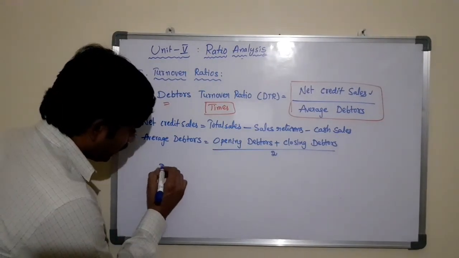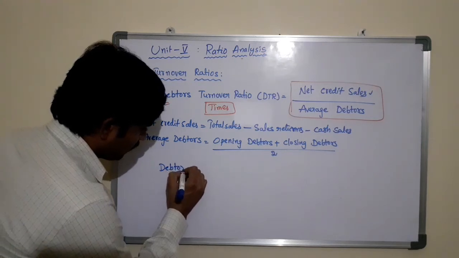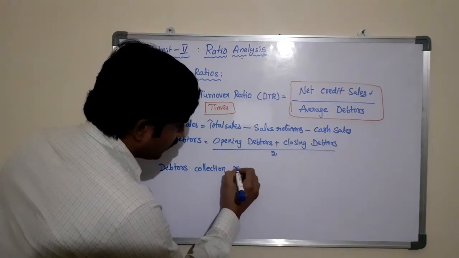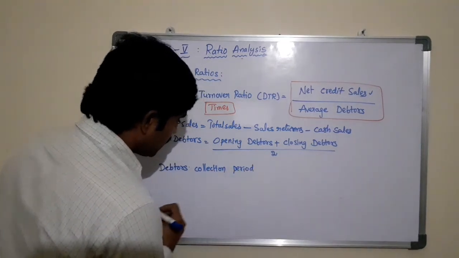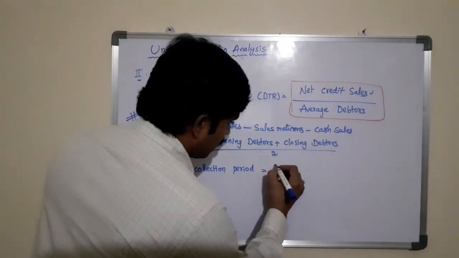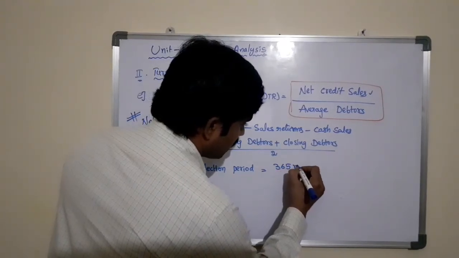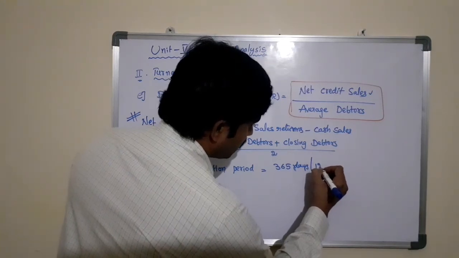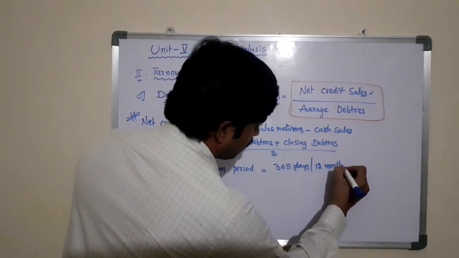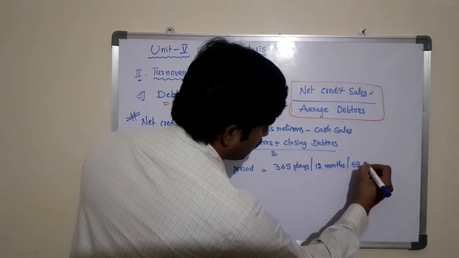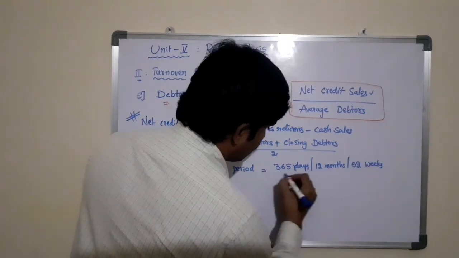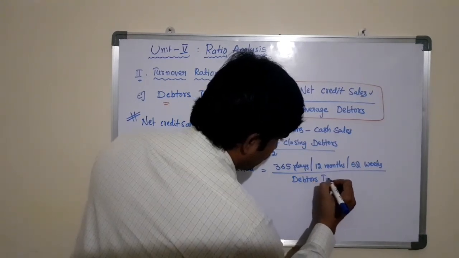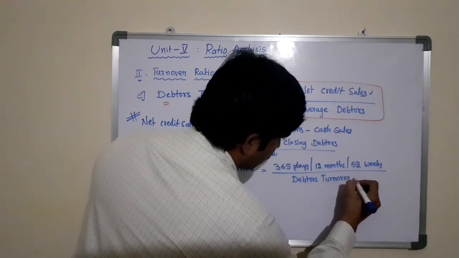So for that, the debtors collection period needs to be calculated. Debtors collection period equals, if the business wants to measure in terms of days, 365 days, or in terms of months, 12 months, or in terms of weeks, 52 weeks, divided by the debtors turnover ratio.